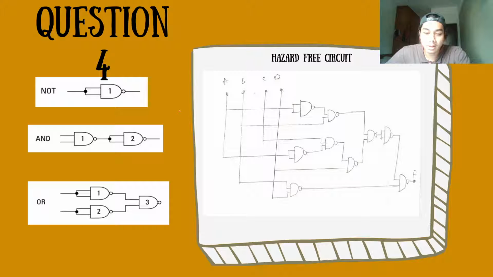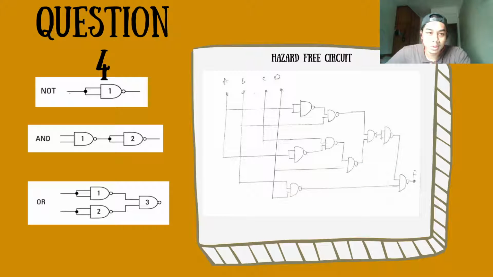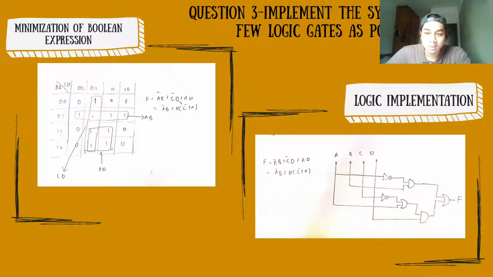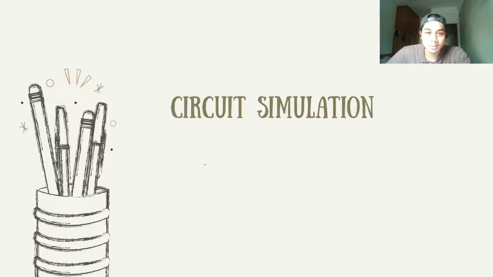I use the second method to draw this hazard-free circuit. So these are the 3 gates I use. For the NOT gate here, you simply change it into a NAND gate, and for the AND gate here we use this gate, and all for the hazard-free circuit.